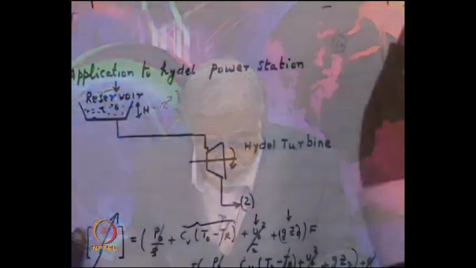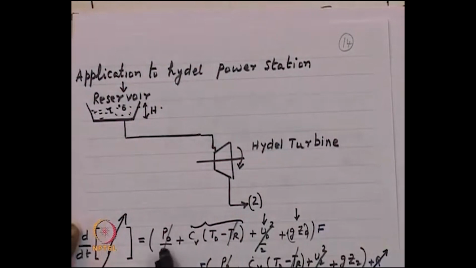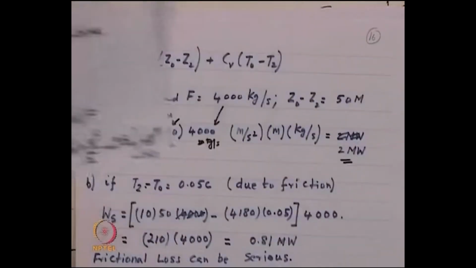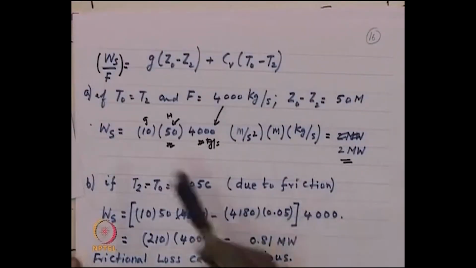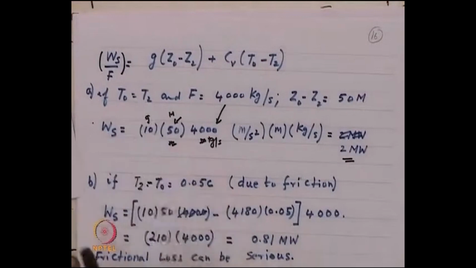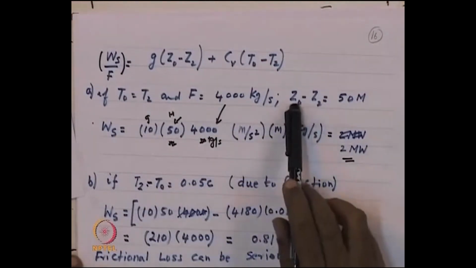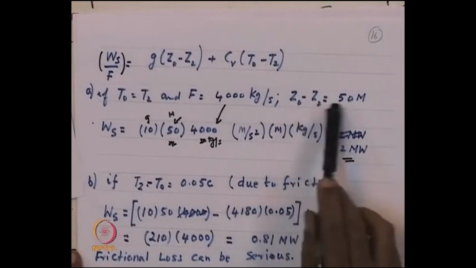Now, having said this, I want you to go through this exercise fully, so that we appreciate what we are saying. In our hydel turbine, water was coming in and going out, and we have water coming from 50 meters. Now, if you put in all our numbers, let us take the example of water coming in at T2, 4000 kg per second of water, and let us say Z naught minus Z2 is 50 meters.